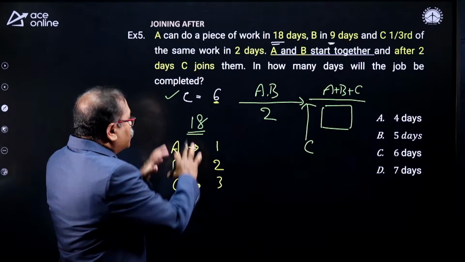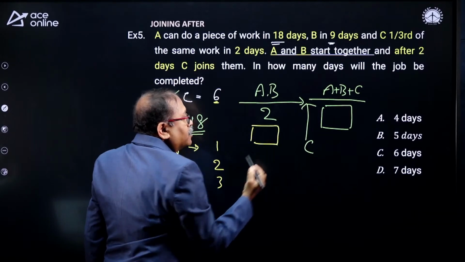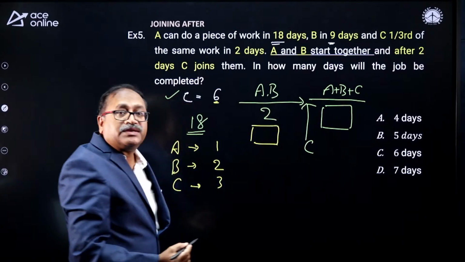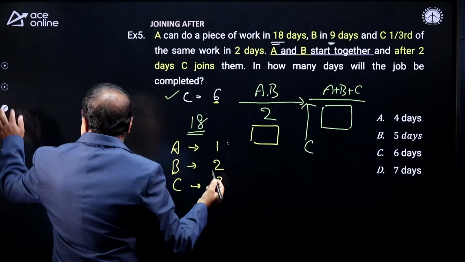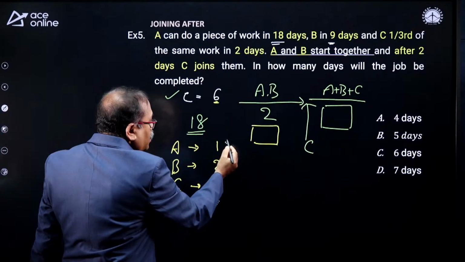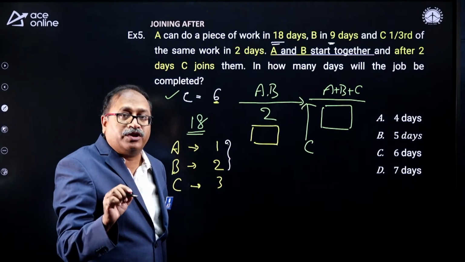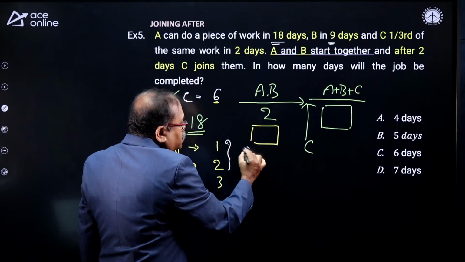Okay. Now the total is 18 units. Some work is completed over here. A and B together work for 2 days. If A and B work together, how many units are getting completed? Per day A completes 1 unit and B completes 2 units, together 3 units. In 2 days, 3 into 2, that is 6 units.